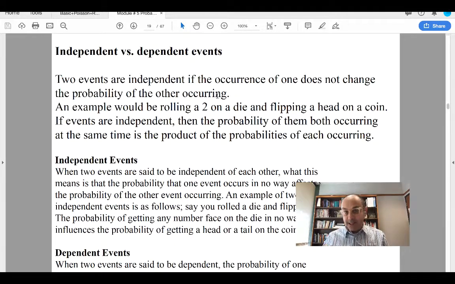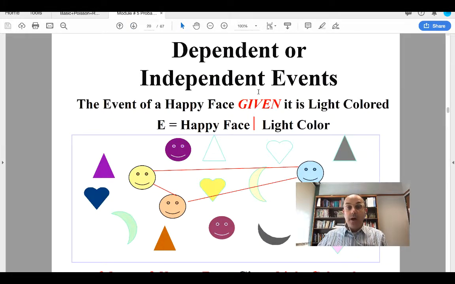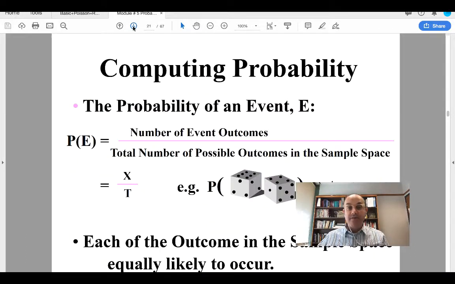In comparison, with independent events, there is no influence of one on the other. So I hope that makes sense. So again, 3 items: happy face, giving light colored, and this is the outcome. So again, happy face and the outcome of it.